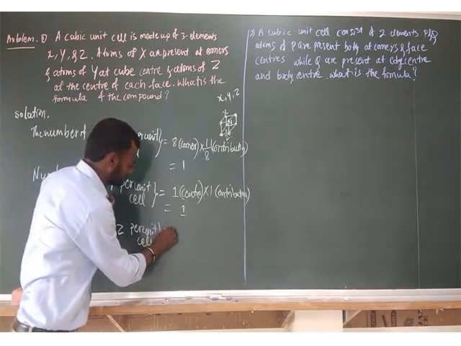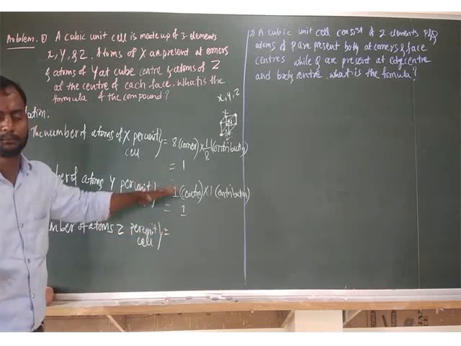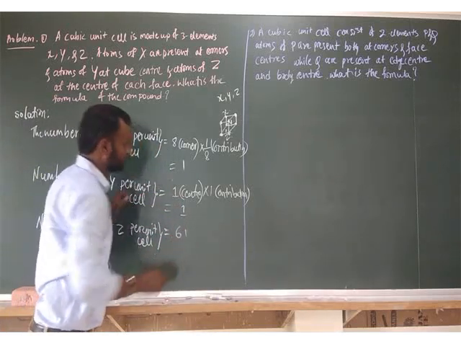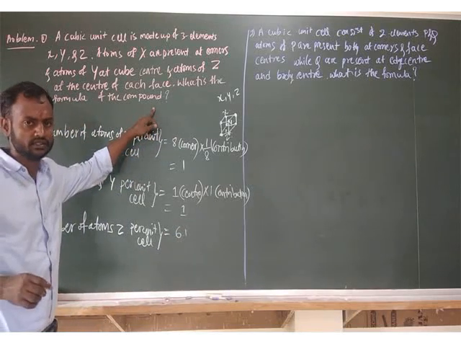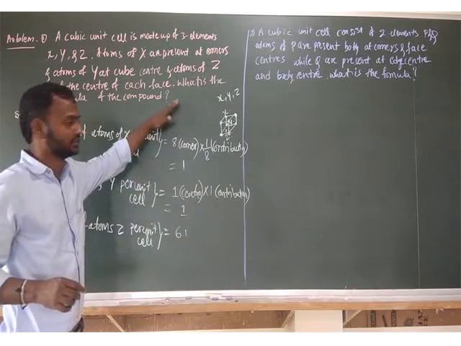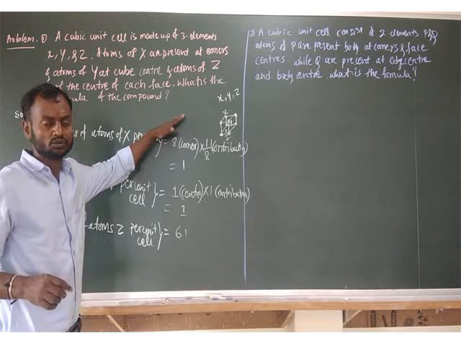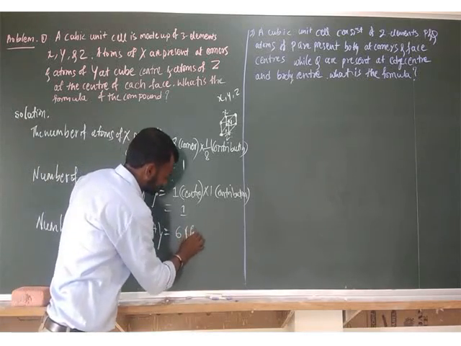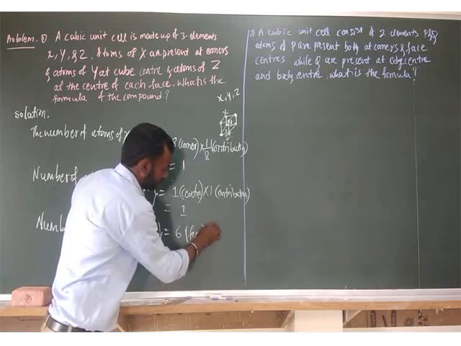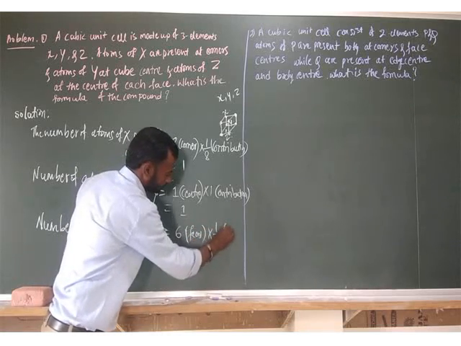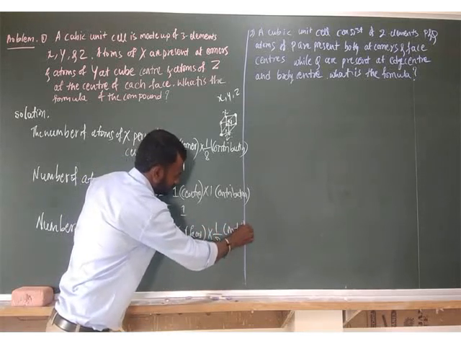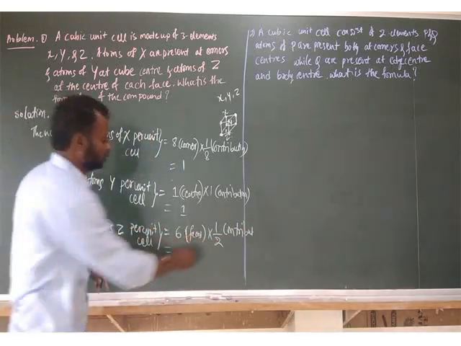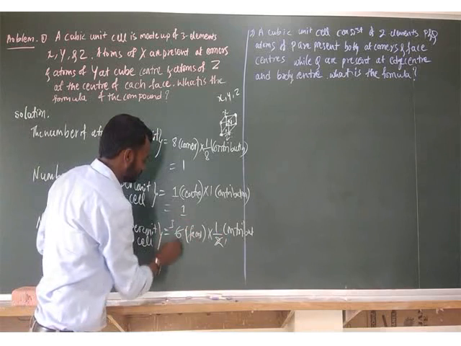How many faces are present? 6 faces, so 6 atoms are present. In these 6 faces, the contribution of each is 1 by 2. Therefore 6 into 1 by 2 is 3.